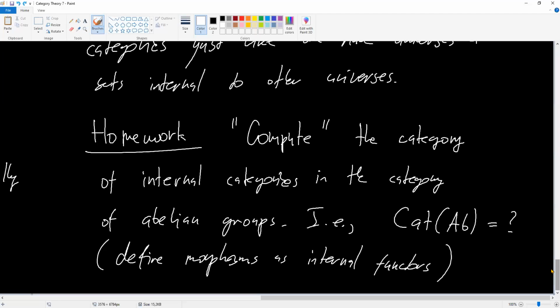So a crossed module turns out to be an internal category in the category of groups. Now this homework is about abelian groups. If we replace abelian with just groups, then an internal category there is equivalent to something that's called a crossed module. And funny enough, it's also equivalent to an internal group in the category of categories.